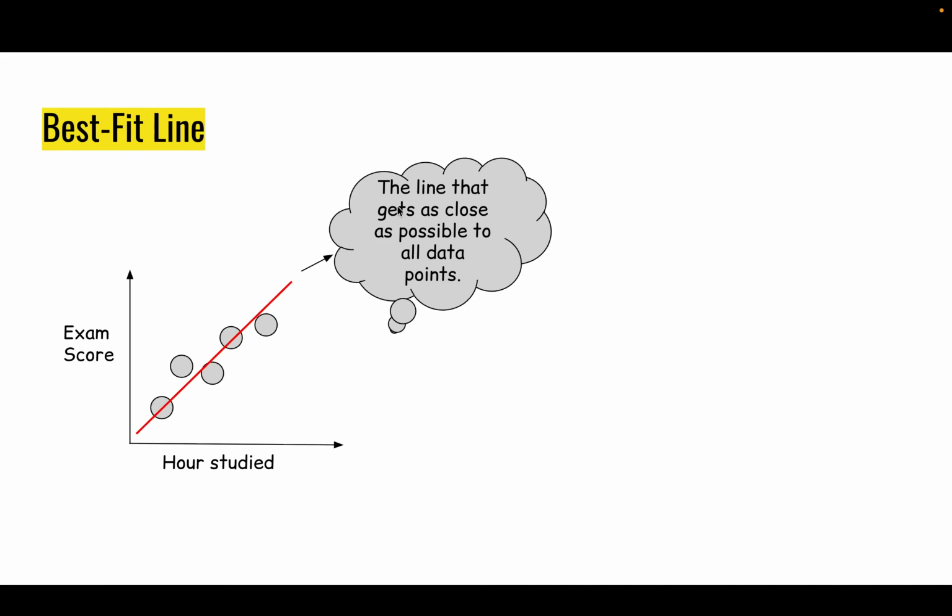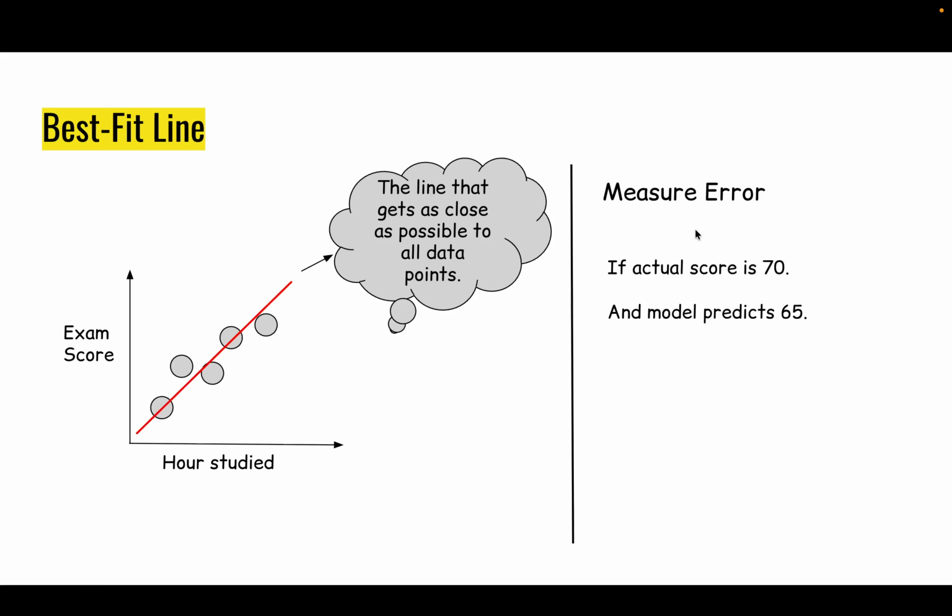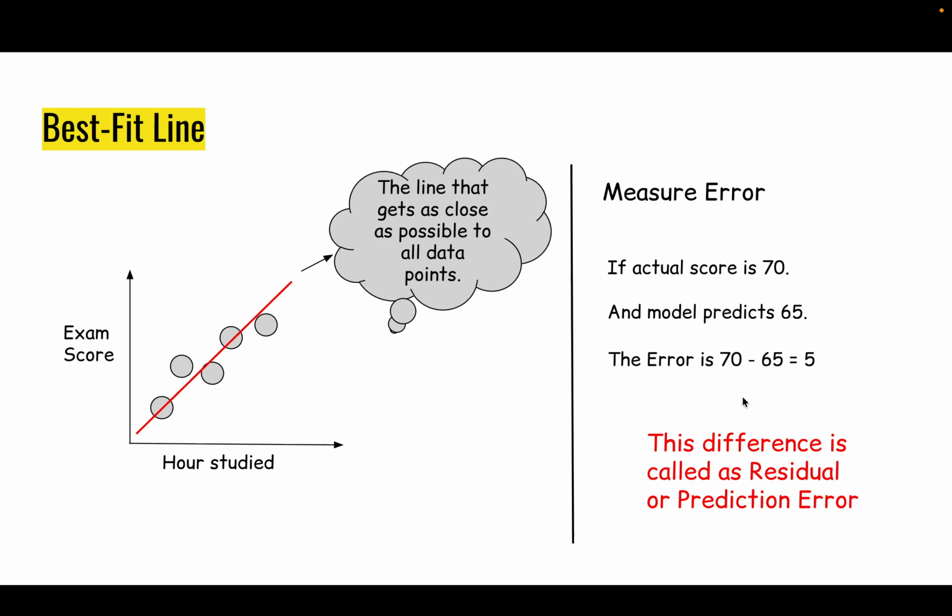So the line that gets as close as possible to all the data points becomes our best fit line. Once we find the best fit line, then we have to measure the error. So here, consider we have an actual score of 70 and the model predicts a score of 65. Then we get an error of 5. Now this error is called residual or prediction error.